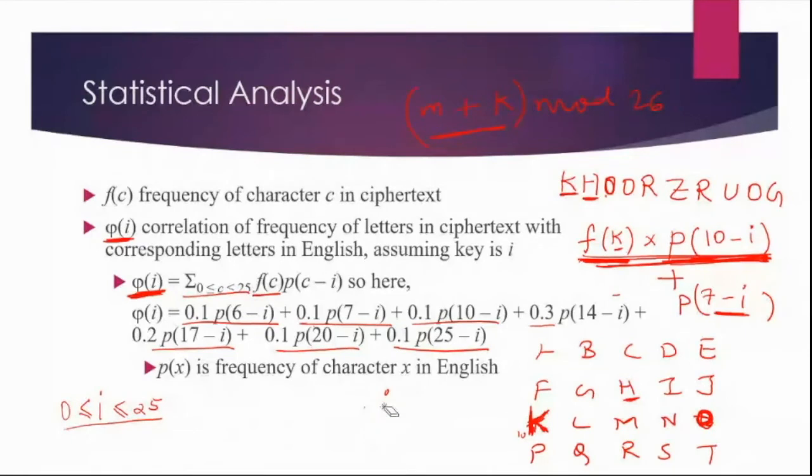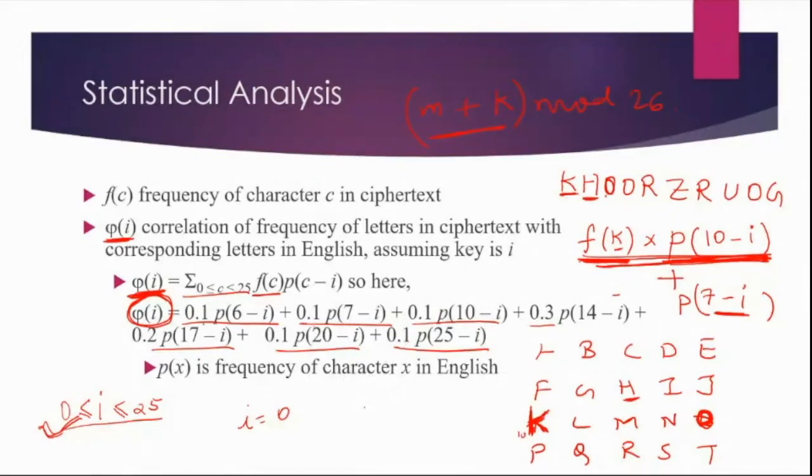Now our next job is to compute this correlation value for all possible values of I. You just assume that I is 0 and compute this entire value.